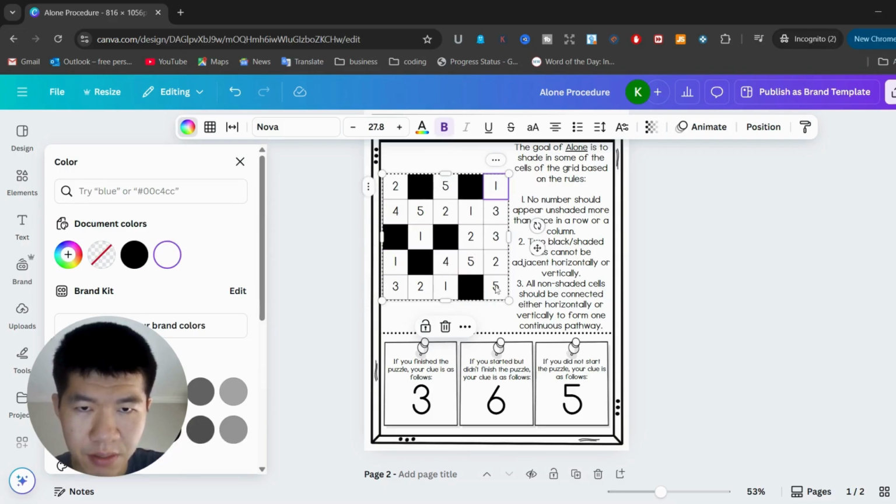For this column right here, there's a 3 here and a 3 here, so one of these should be shaded. Which one should it be?